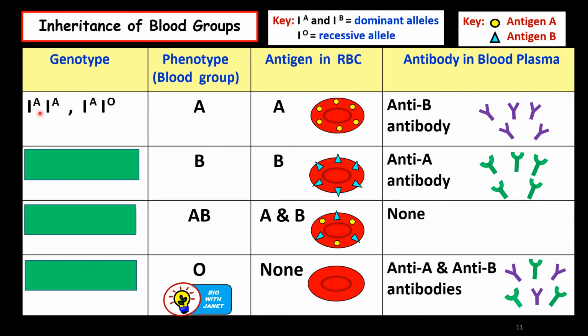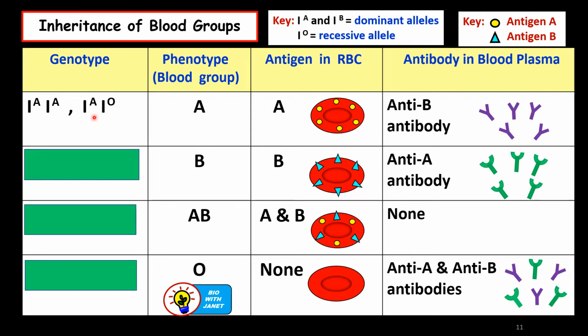Now, if you look at this individual with the genotype IAIA, this individual is a homozygous dominant individual for blood group A. This is how we use the term homozygous dominant. Homozygous means having identical alleles, IAIA.